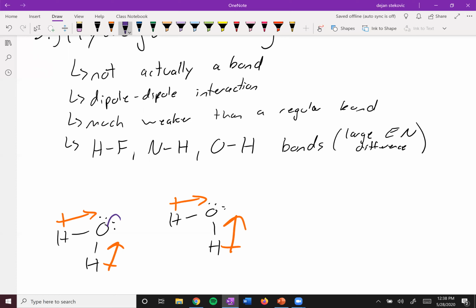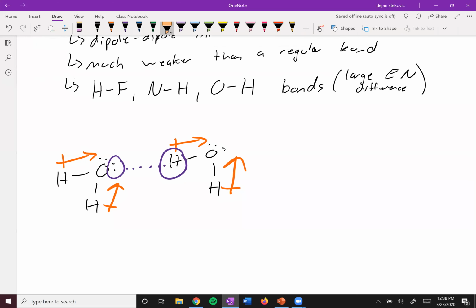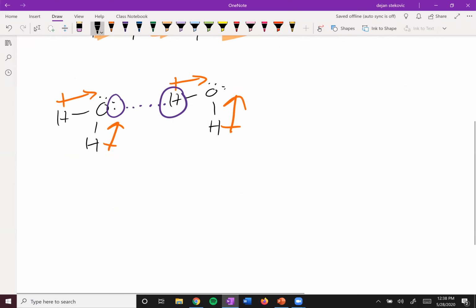The interaction between this lone pair and an adjacent hydrogen is what a hydrogen bond is, right? So there's your hydrogen bonding, and it can occur between HF, NH, or OH containing molecules.